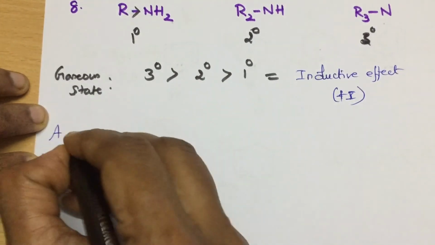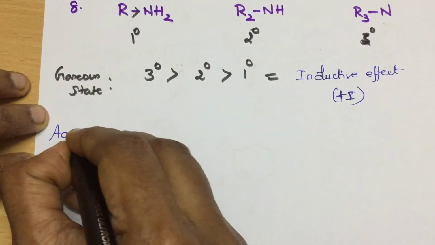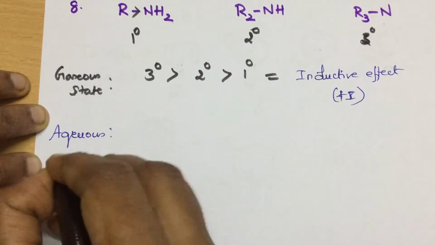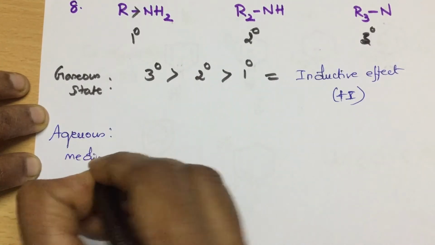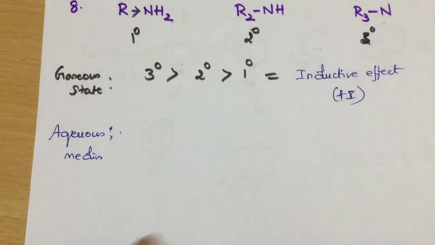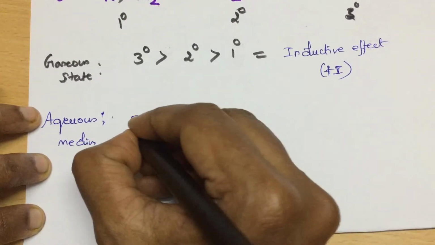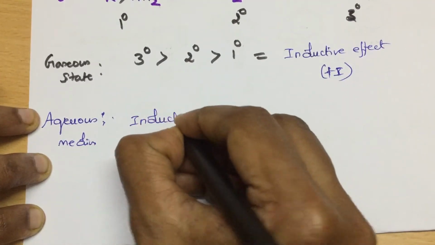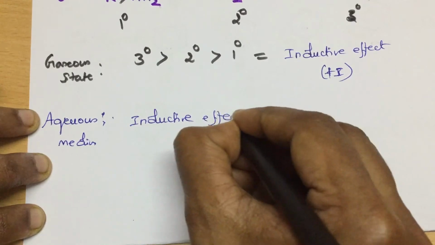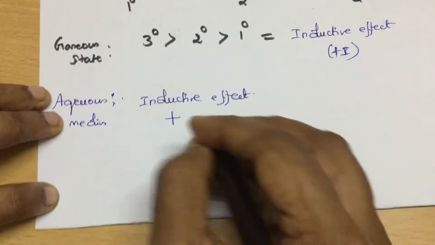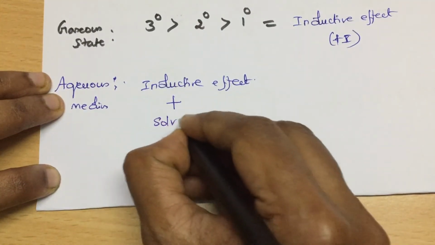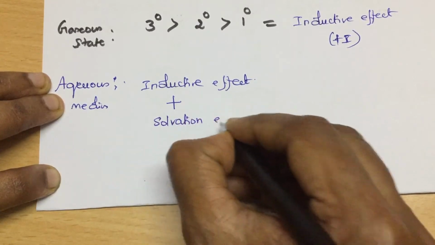But if they ask in aqueous medium, what is the order? In aqueous medium, you have to consider both. You have to take the cumulative effect, both the inductive effect and the solvation or hydration effect.